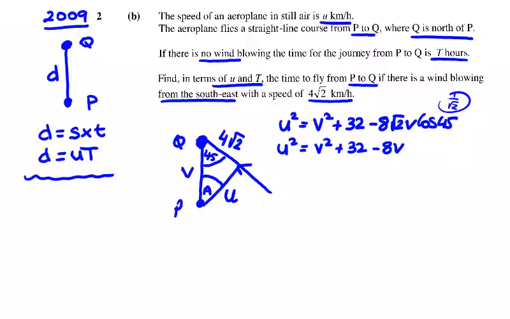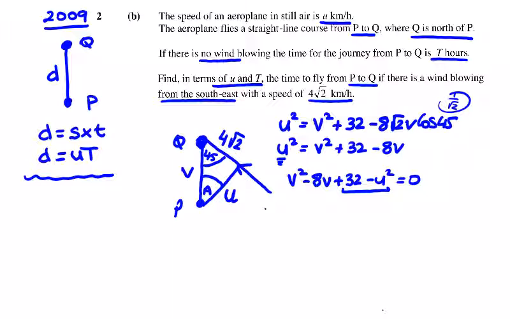Now this looks like a quadratic. u is a constant speed, so if I bring that across, I can get v squared minus 8v plus 32 minus u squared equals 0. This will enable me to solve for v. If I take this as my constant, so it looks like quadratic formula use.